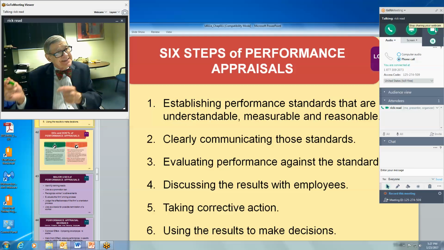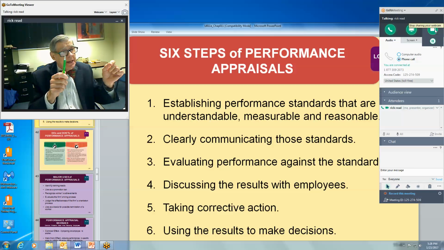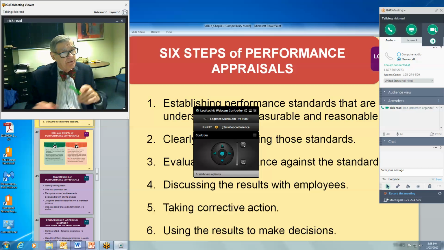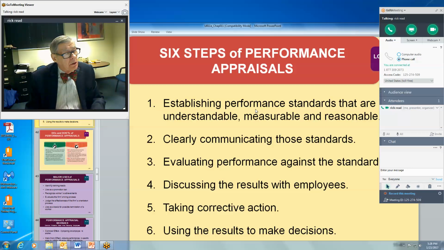Notice what I'm saying here. Evaluate performance, not the person, performance. And we have a feedback session where we discuss the results with the employee, stressing the positive first and then talking about what needs to be improved. That's step 5. And then using what has come up, we make various decisions for training, for development, for promotion, maybe for pay raises, etc.